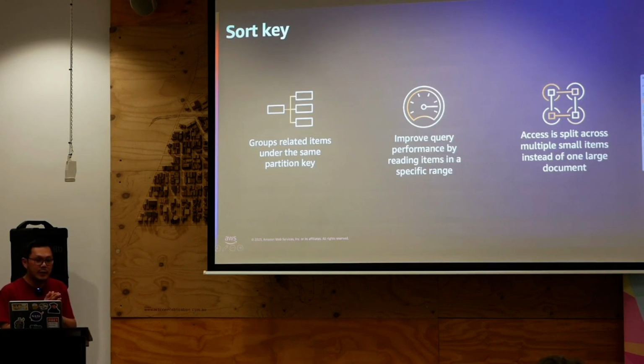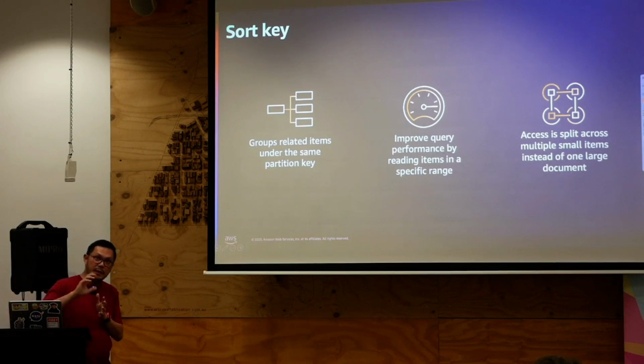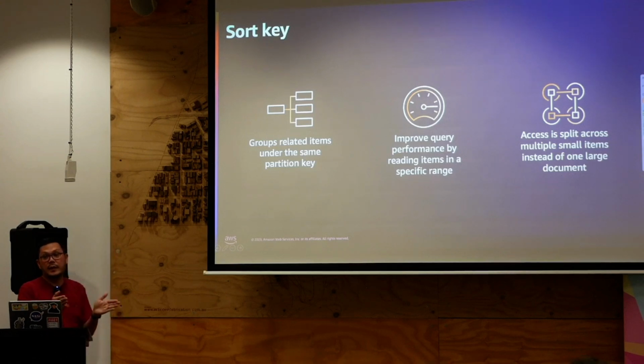Depending on the prefix you put in a sort key, you can either return a particular item or a range of items. For example, if you use an epoch timestamp to store your order details and want to query my orders from last week, I can just query where the sort key is between today and last week. The access to a particular entity in the sort key is now split.